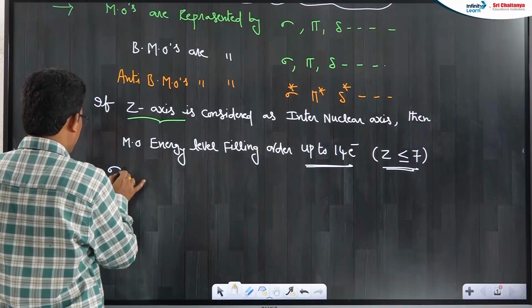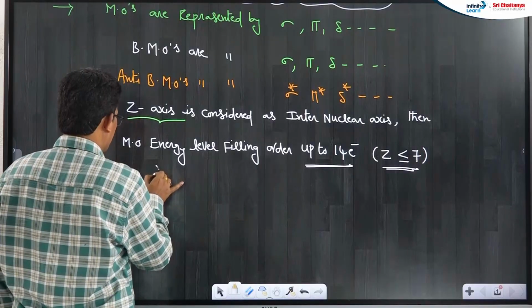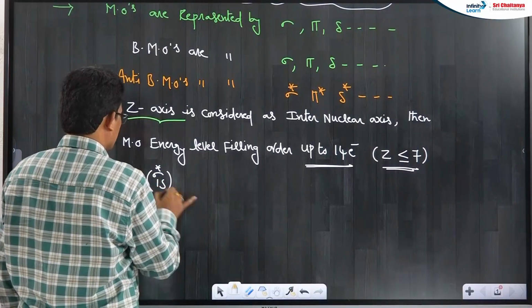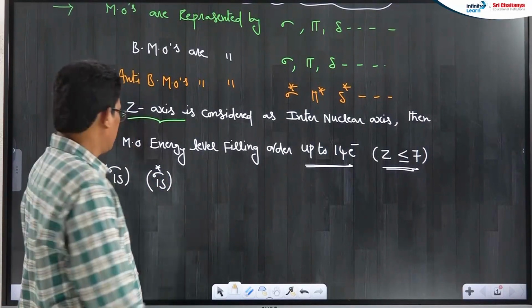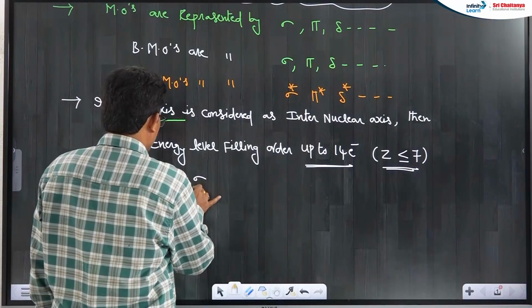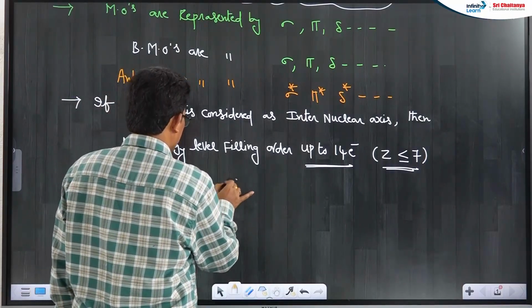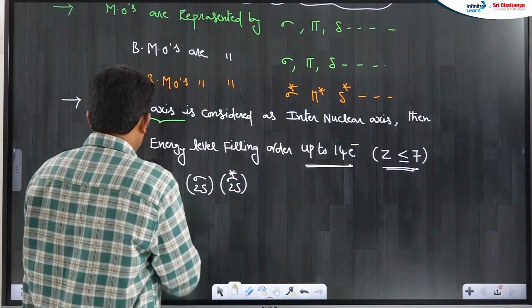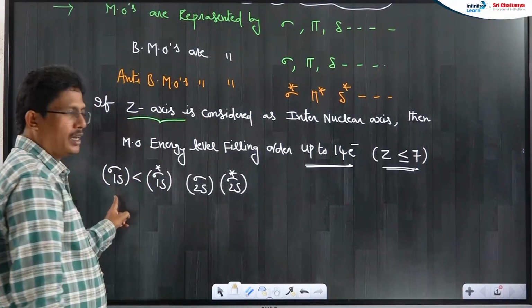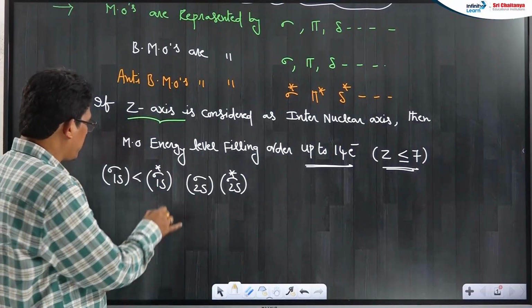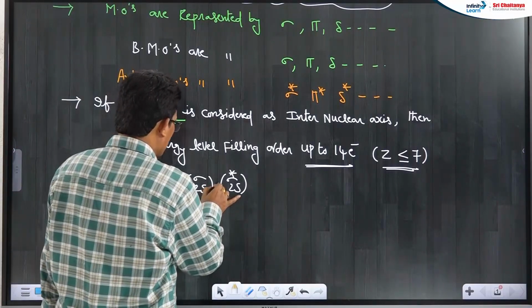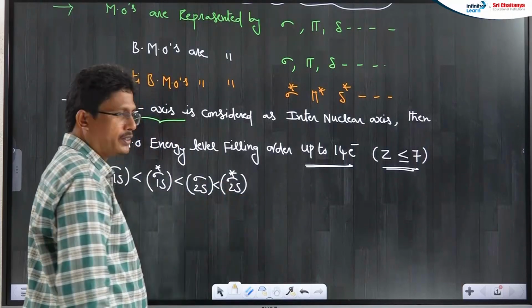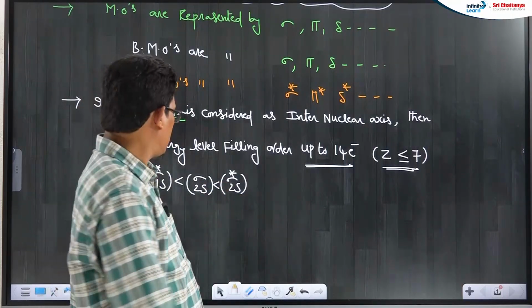Sigma 1s, star sigma 1s. Sigma 2s, star sigma 2s. Bonding, anti-bonding. The bonding orbital has lowest energy compared with anti-bonding; sigma 2s has lowest energy compared with sigma star 2s.